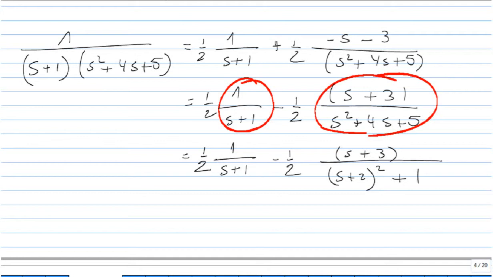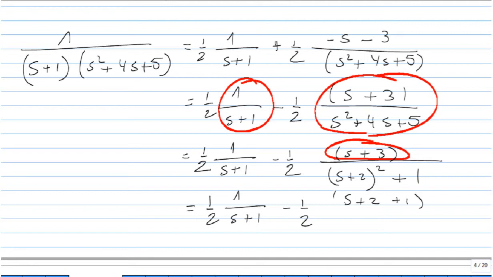Since I have s plus 2 squared plus 1, this reminds me of the sine and cosine of t, but with e to the minus 2t in the front, because I have s plus 2. So this s plus 3 that I have here, I have to work with it to get s plus 2, so I can use the table. So I have s plus 2 plus 1, that's s plus 3, over s plus 2 squared plus 1.